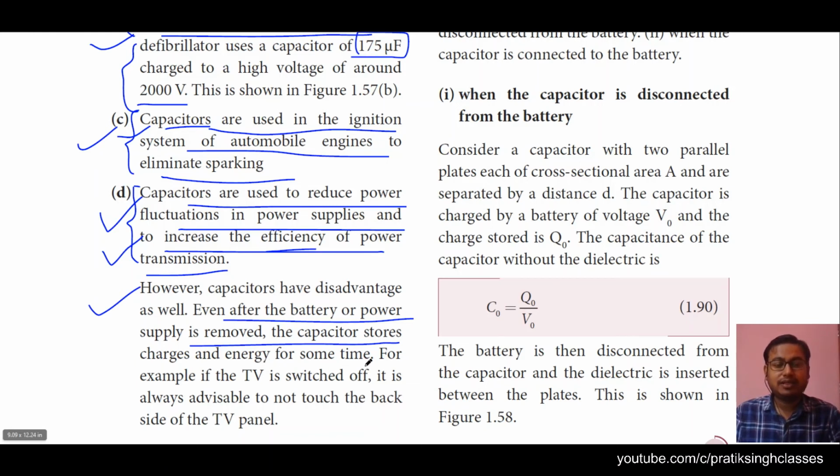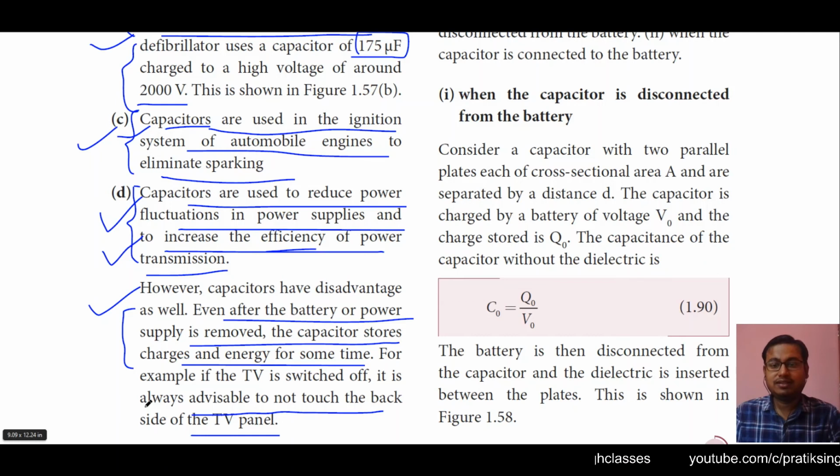Suppose a capacitor is attached to a power supply, and the power supply is cut off, then for a certain time the energy is still stored in the capacitor. For example, if the TV is switched off, it is advisable not to touch the back of the TV panel, because it contains a huge number of capacitors, and up to some time, however short, it contains energy.